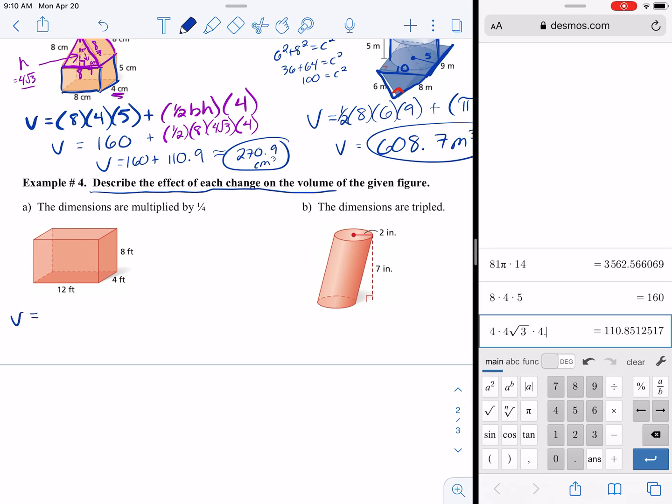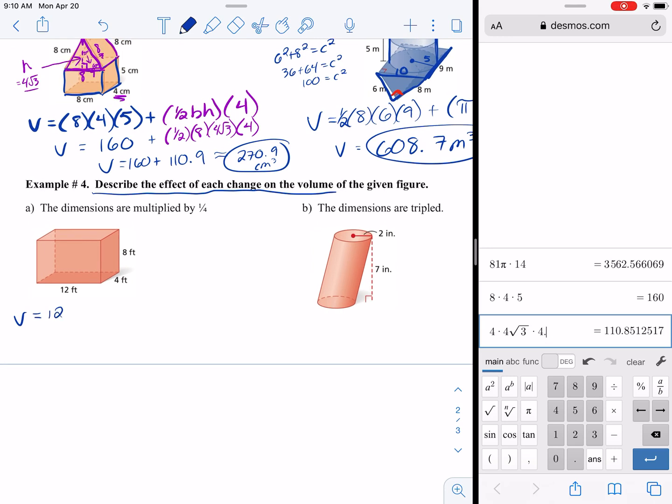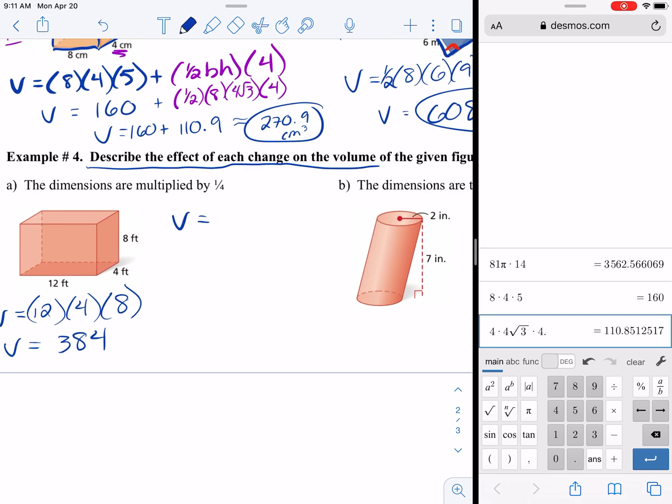So if this is a rectangular prism, area of the base, 12 times 4, times the height of the prism, gives us a volume of 384 feet cubed. Now we're going to multiply all of the dimensions by 1/4.